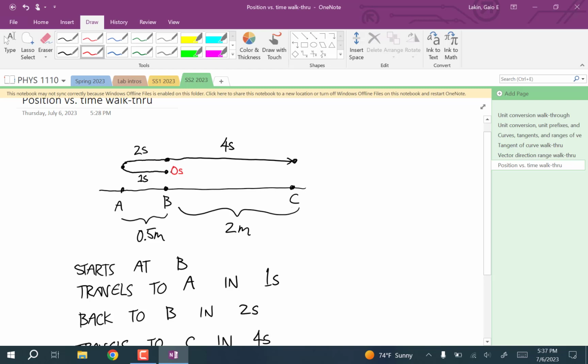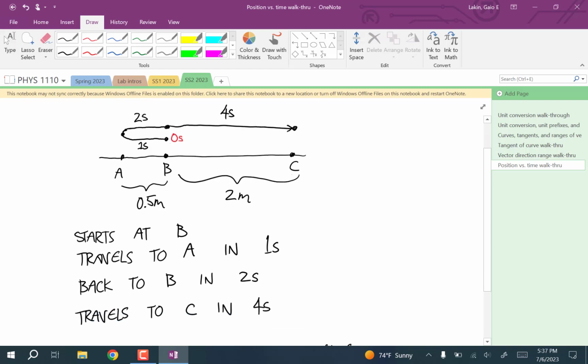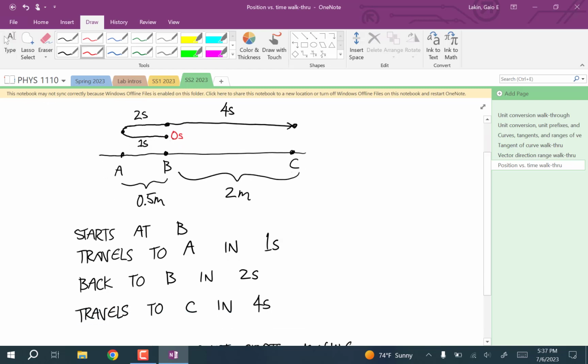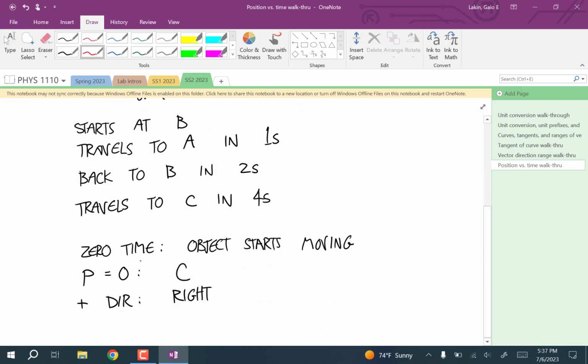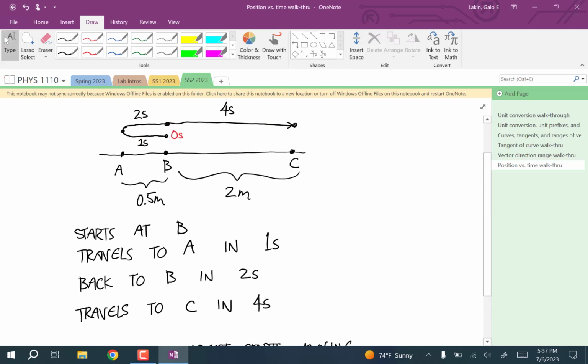Let me just clarify, 0 seconds at that starting point, because it says specifically zero time is when the object starts moving. We're turning the stopwatch on when the object is at this point B. If you start the stopwatch at the start of the motion, 1 second later, the stopwatch says 1 second.